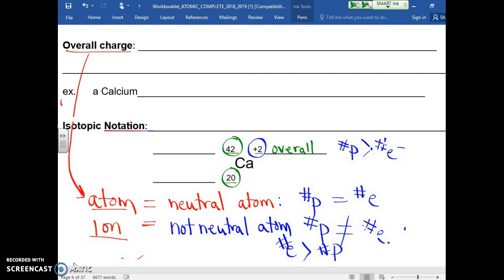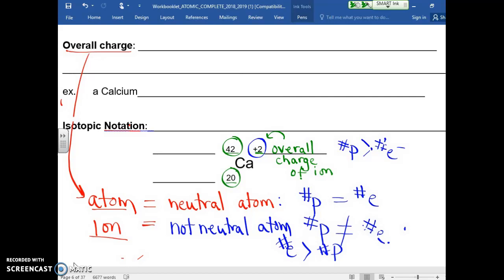Again, I can't stress this enough. The overall charge on the atom, or specifically of the ion, since it's a charged atom, is put in the upper right-hand corner. This is not the nuclear charge.